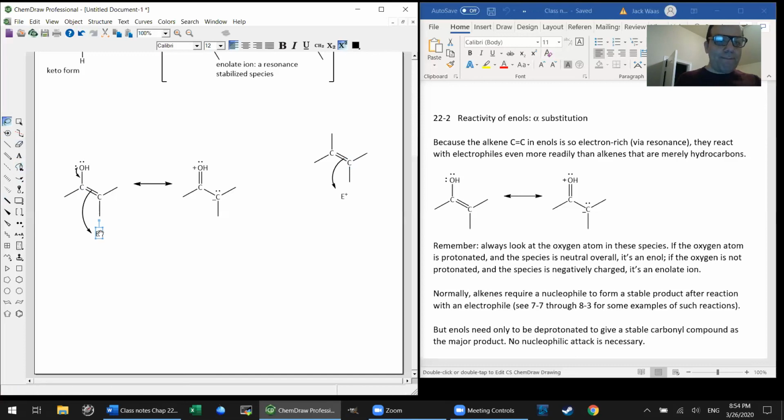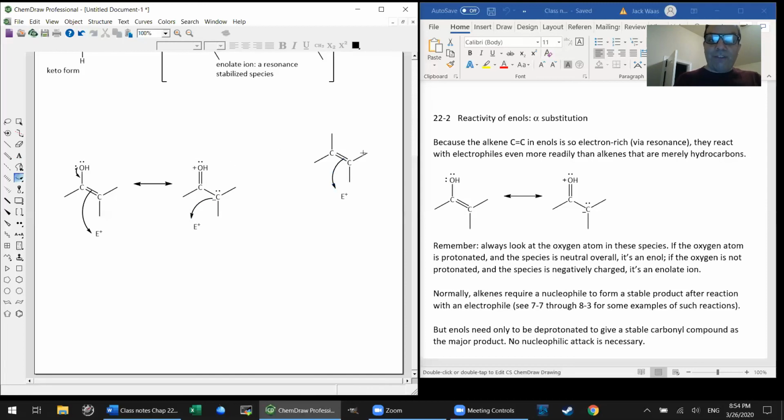Or it would be perfectly reasonable to show this carbon atom, this carbanion carbon as it would now be, looking at the other resonance form, just attacking that electrophile directly. Either way, you will now get a species that, unlike in the case with unstabilized alkenes, unlike in the chapter 8 reactions, is a relatively stable adduct that does not have a carbocation. All we have is an oxonium ion.